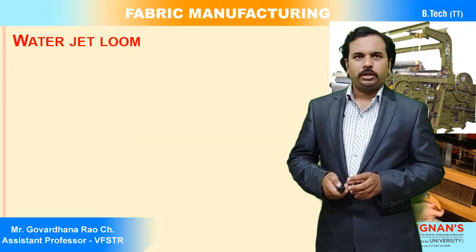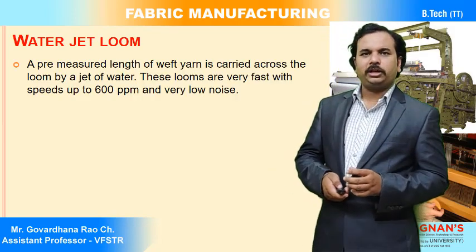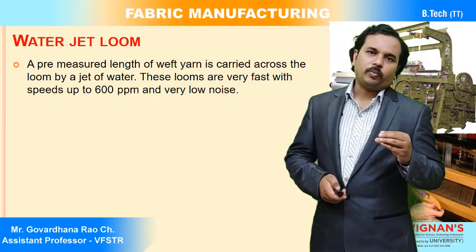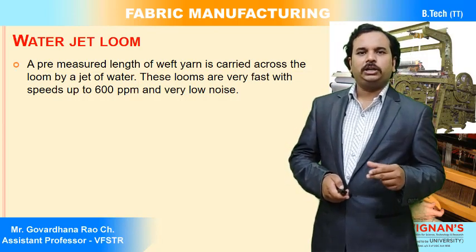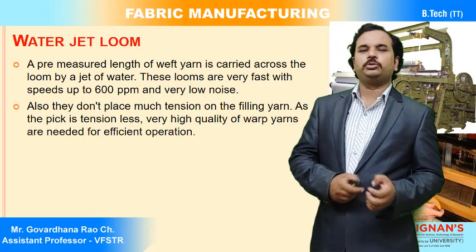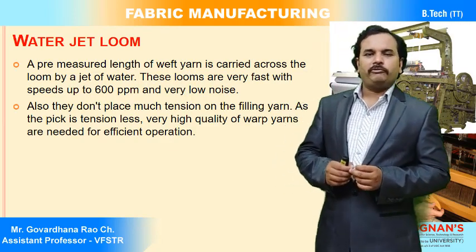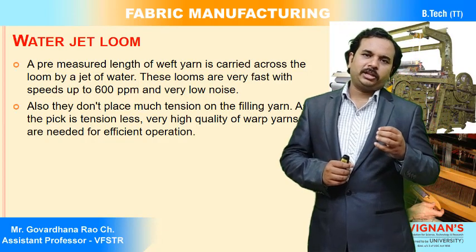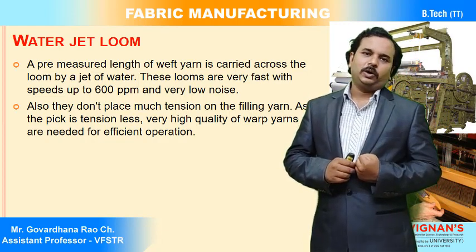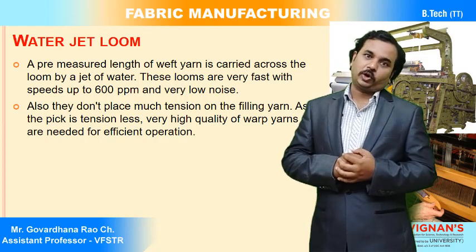So this is about the air jet, and then we have the water jet. In water jet weaving, we insert the weft yarn with the help of a jet of water. We create pressure in the water using a piston-type pumping mechanism, and the pressurized water is transferred through the orifice of the nozzle.